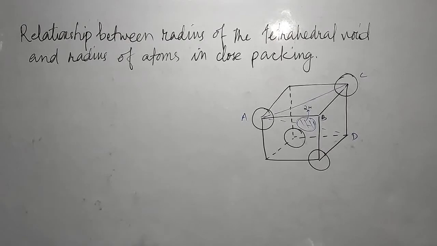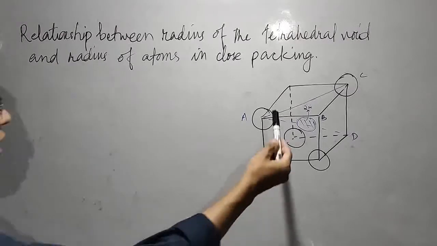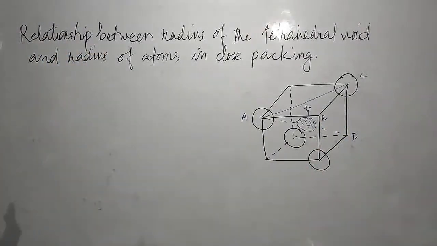In this video we shall be discussing the relationship between the radius of the tetrahedral void and the radius of atoms in closed packing. Let us first know how these tetrahedral voids are formed. Tetrahedral voids are formed in the centers of the four spheres. As you can see here, four spheres are there, and in between them a void is present, so that void we call a tetrahedral void.